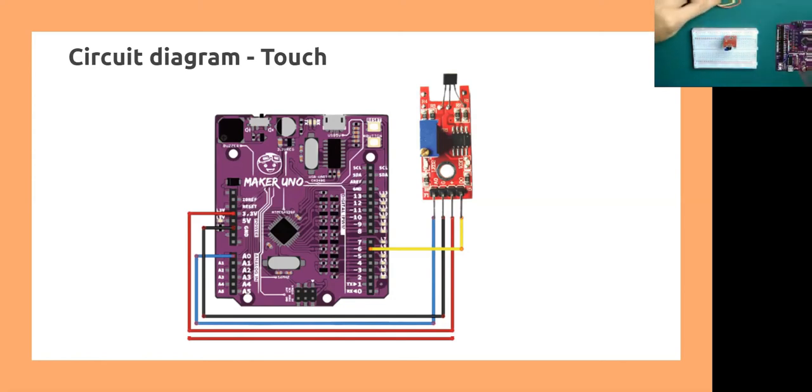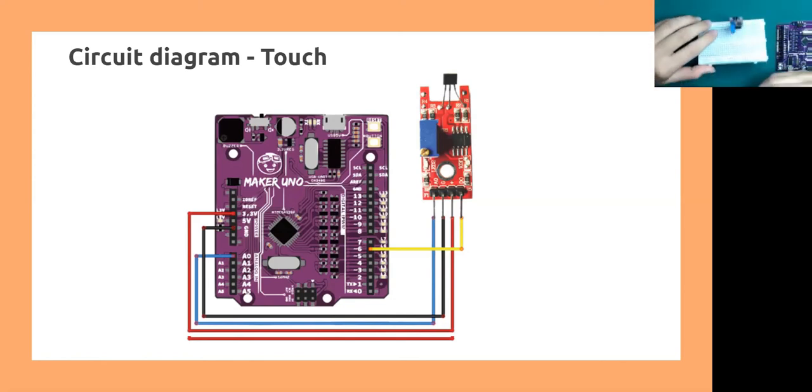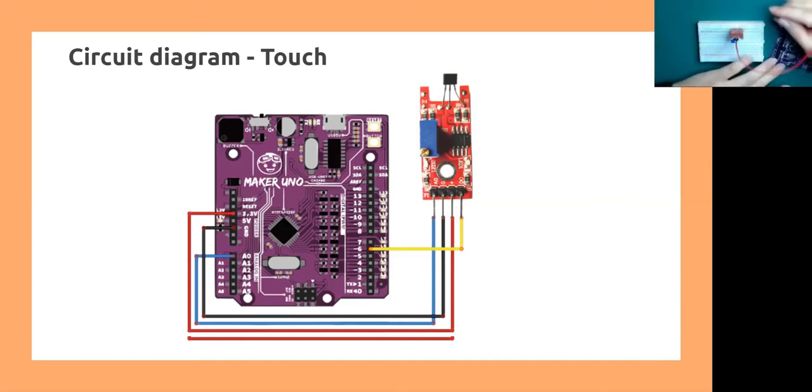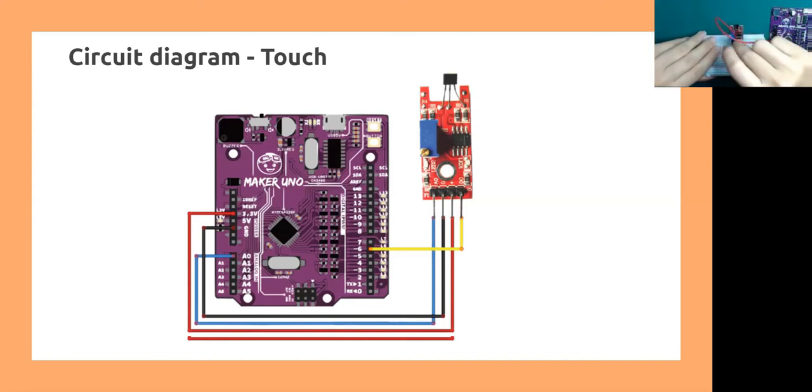So positive, I will use the red wire to your Maker UNO positive 5 volt. Then negative, I'll use a black wire to ground.